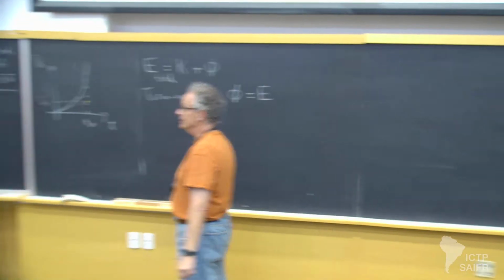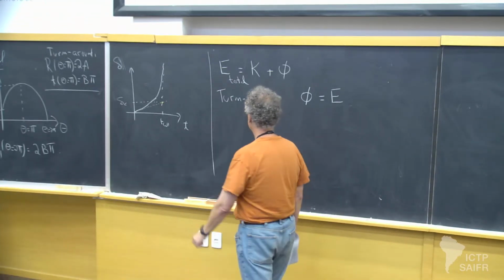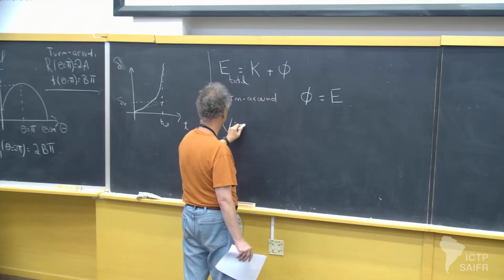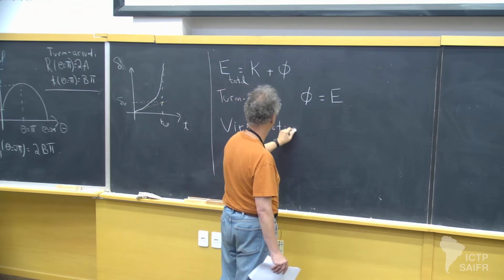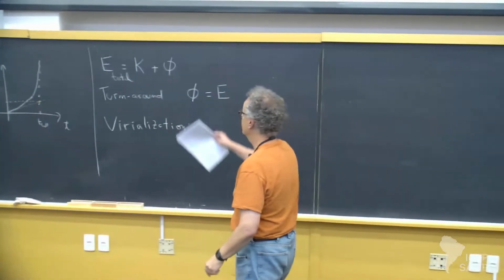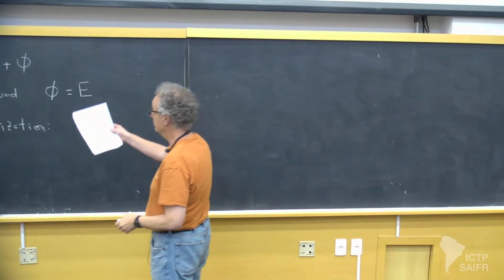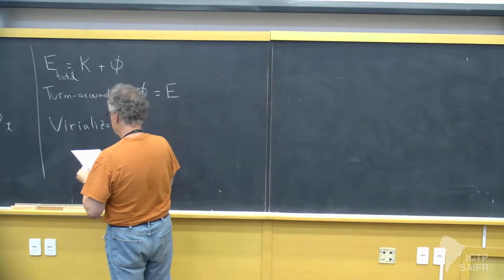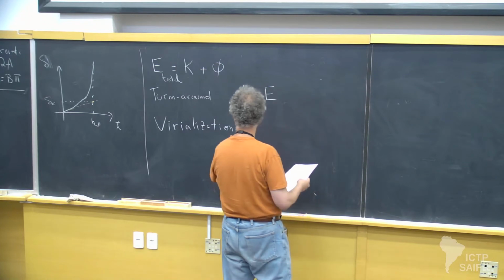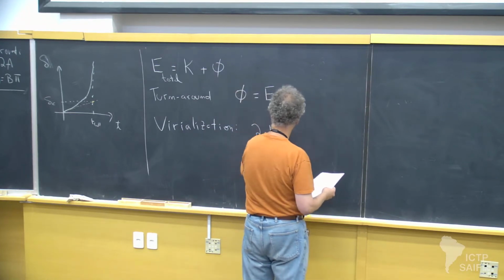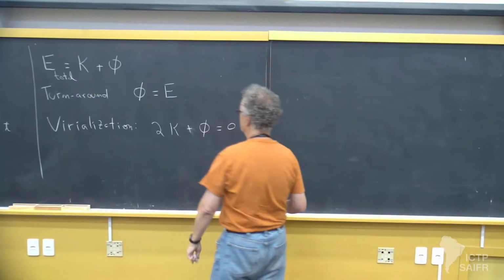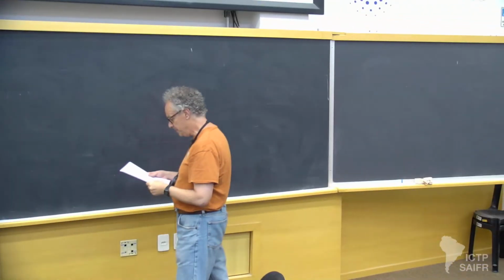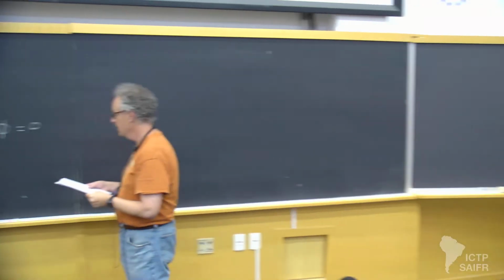Now, if the system virializes, what is virialization? Virialization is, again, a relation between the potential energy and the kinetic energy. If the system is virialized, what happens is that 2 times the kinetic energy plus the potential energy is 0.